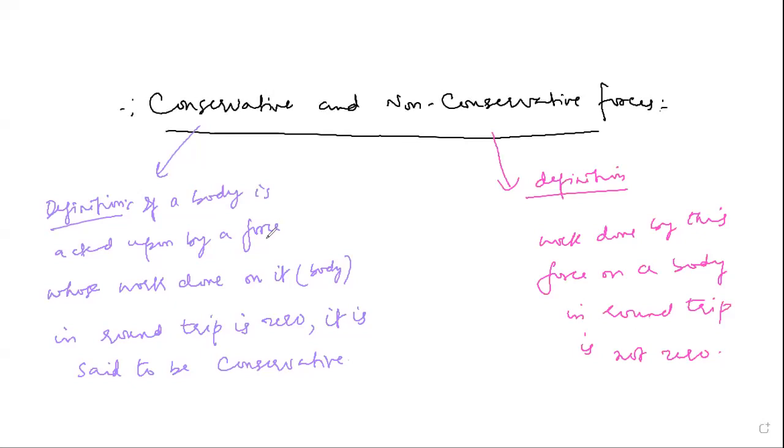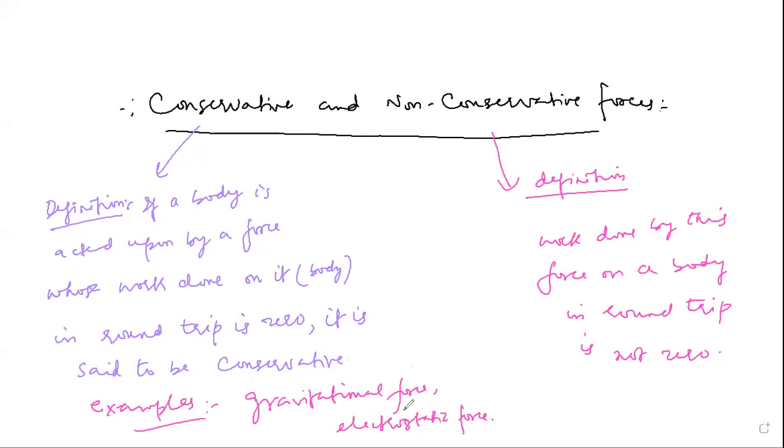What are the examples of conservative force? Examples are: gravitational force is a conservative force. Electrostatic force is a conservative force.